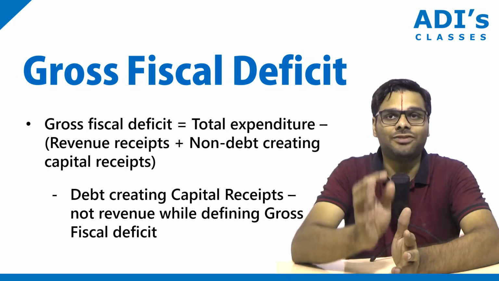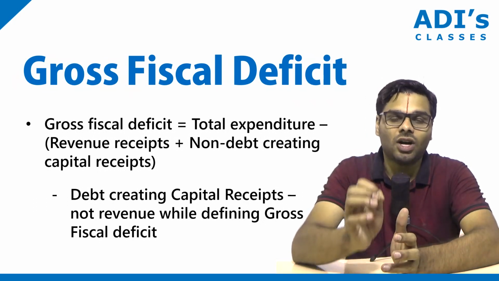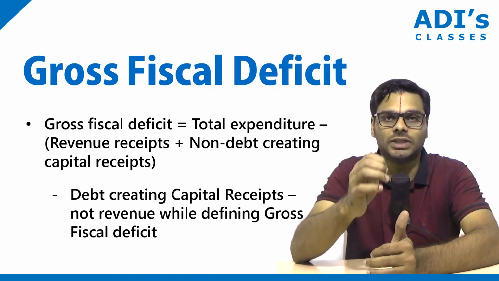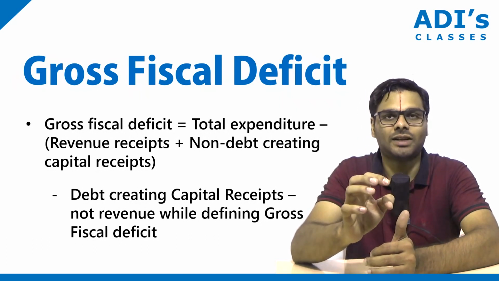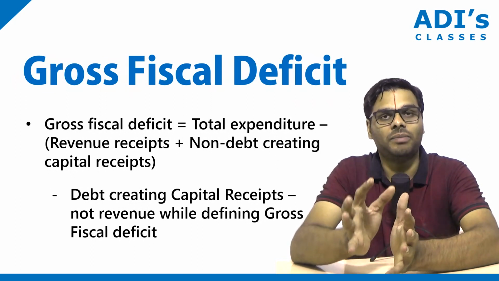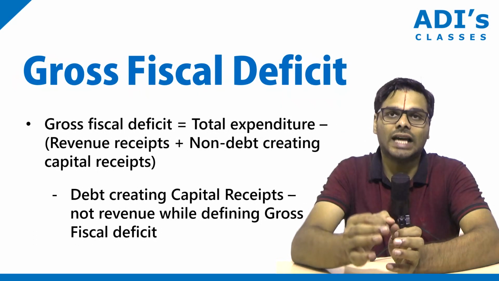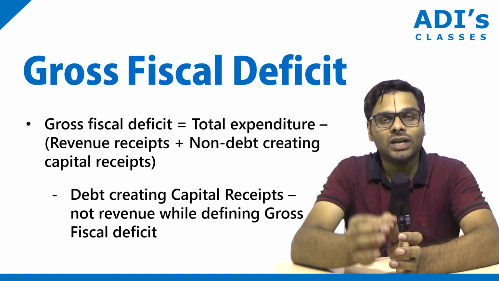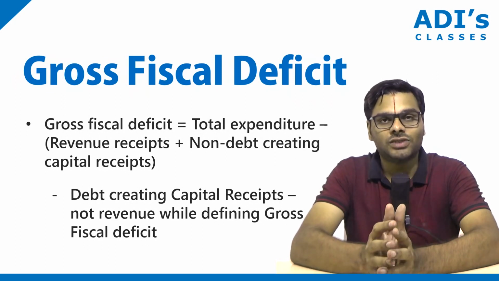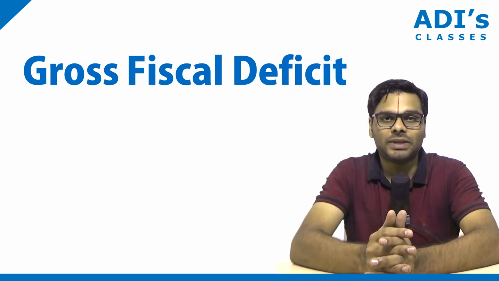All deficits have to be financed through one or the other way of borrowing. This is one of the cardinal principles of economics. Many central bankers, even today, do not look at it this way at all. But the truth is, all deficits have to be financed through borrowing. Hence, the gross fiscal deficit can also be represented in terms of the components of its borrowing.